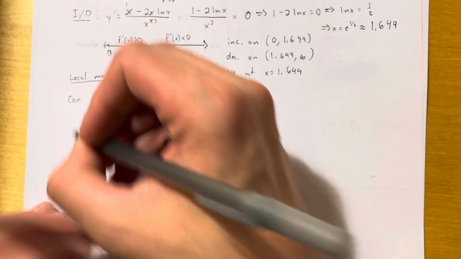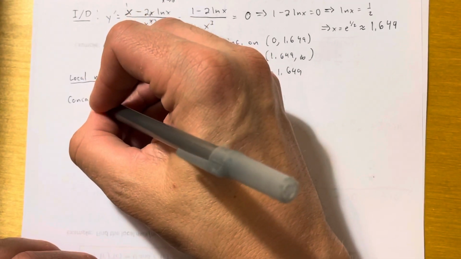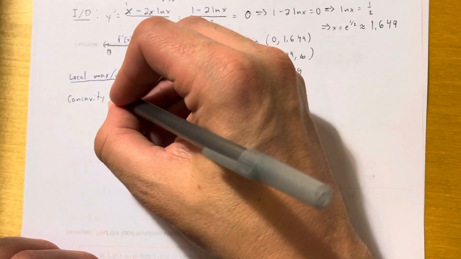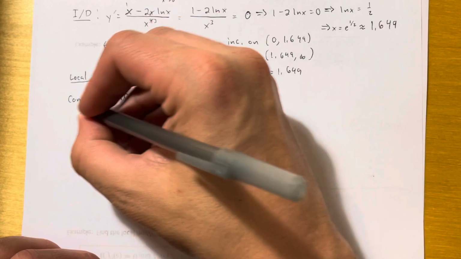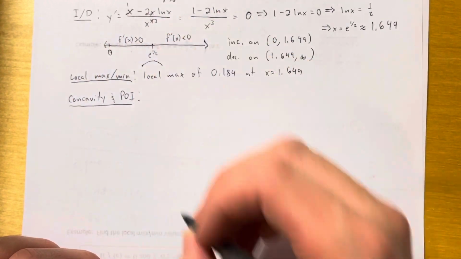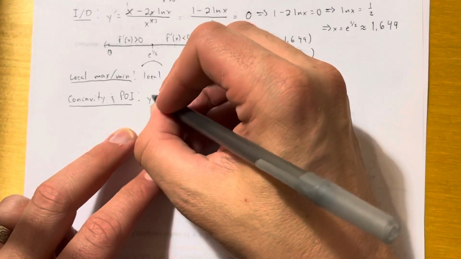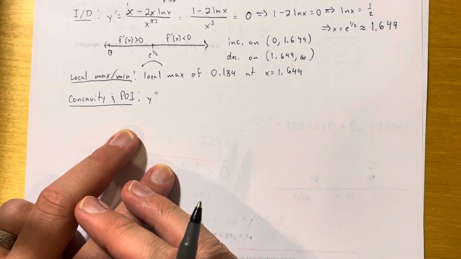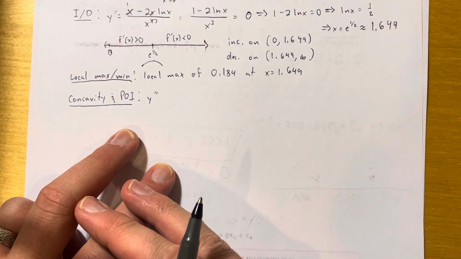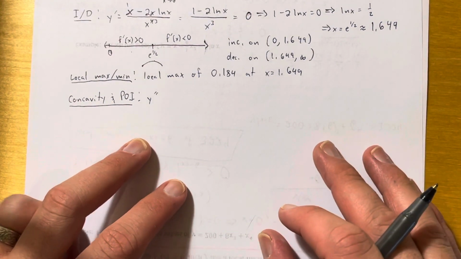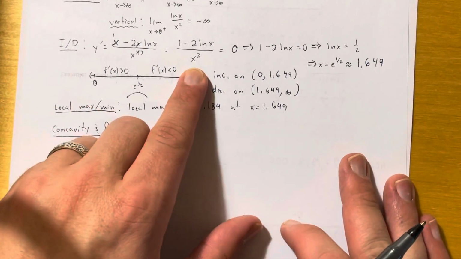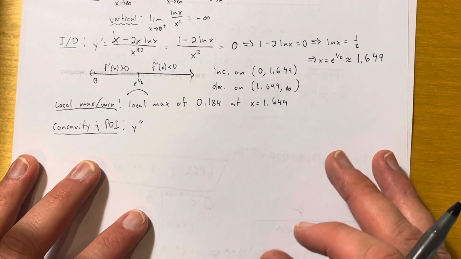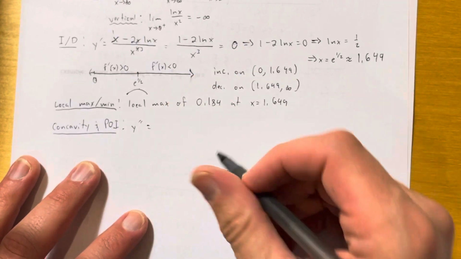So concavity and points of inflection. We need our second derivative now, so y double prime. Okay, y double prime, where's my first derivative? This guy. Okay, I'm using the quotient rule on that again.